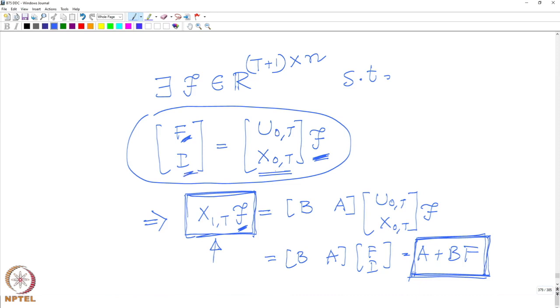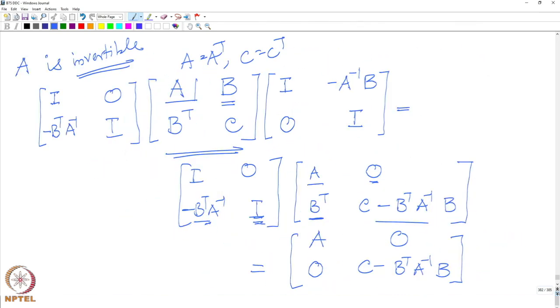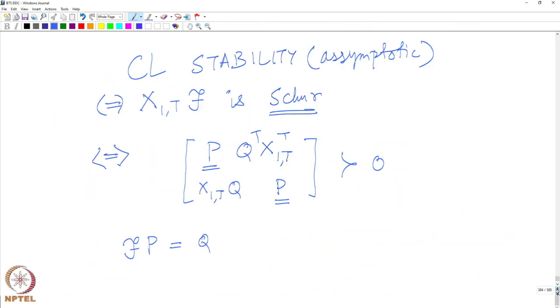See, that is what this is, x0 T times F is equal to identity. So, that tells me if I multiply this guy by x0 T, that will be x0 T times Q, and this is identity. So, that means P must be equal to x0 T Q.